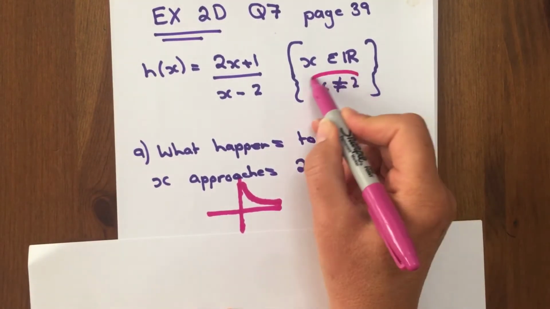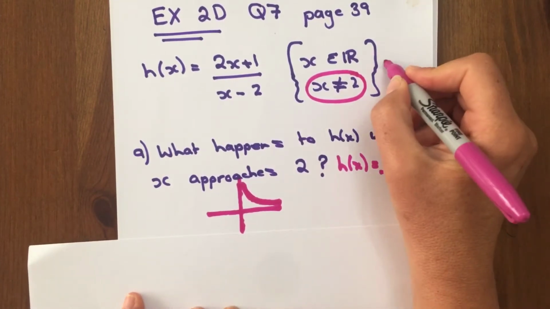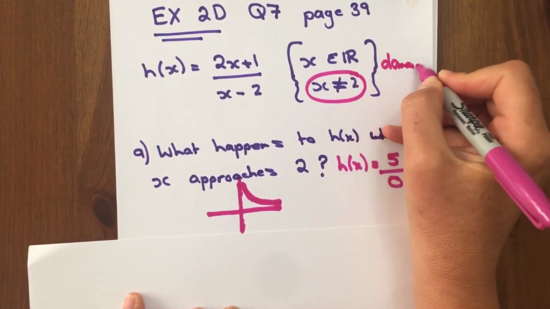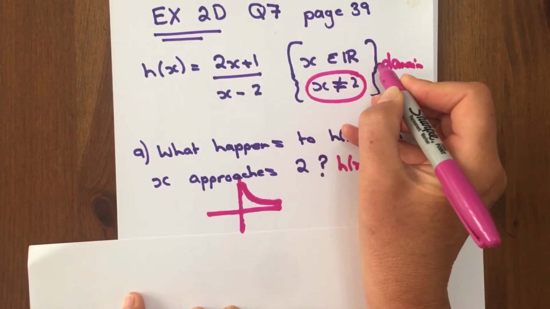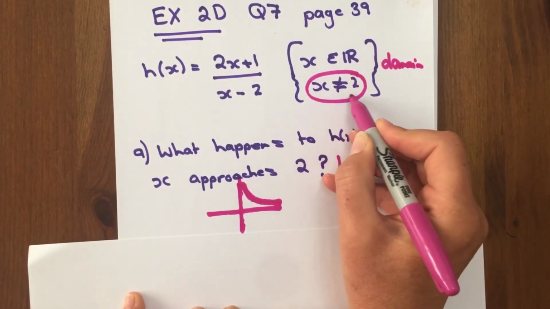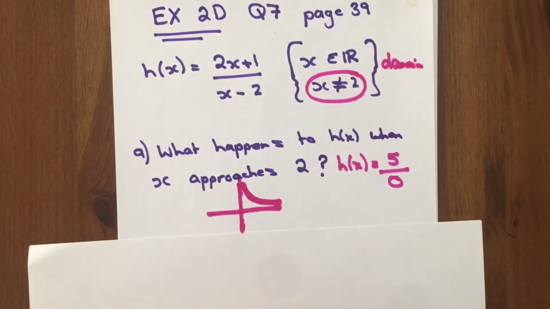You can see it's undefined here. So this is your domain. X belongs to all the real numbers, but x does not equal 2, because when x is 2, we have an undefined function, because there's an asymptote there.